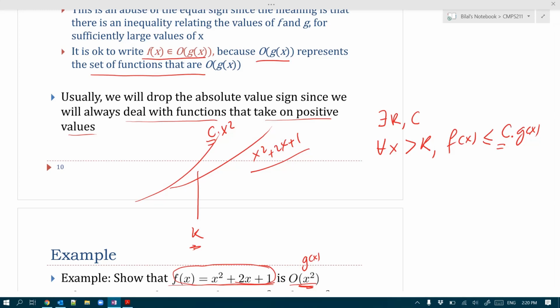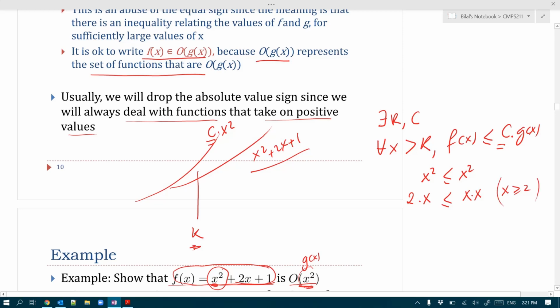One way of doing this is to bound each one of those terms by a certain constant times x squared. For example, we know that x squared alone, the first term, is less than or equal to x squared. And we know that 2 times x is less than or equal to x times x for every x that is greater than or equal to 2.